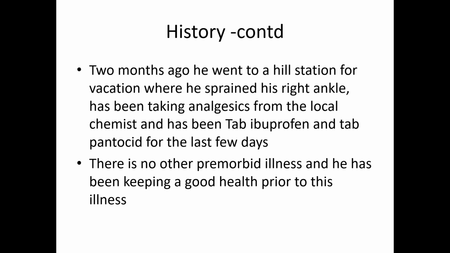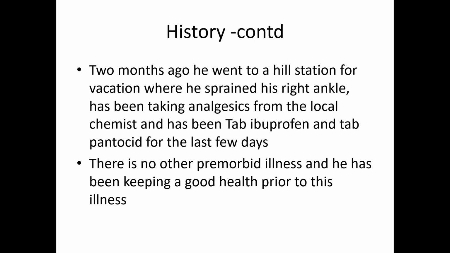Further, when asked for the past history and drug history, he said that 2 months ago he went to a hill station for vacation. He sprained his right ankle because of the uneven surface. And for pain, he took some painkiller from a local chemist.